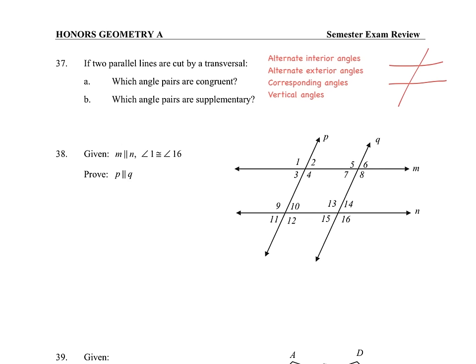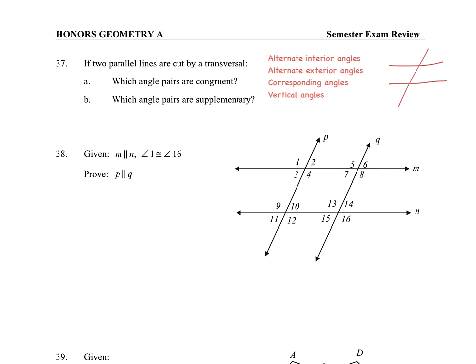You can do a 2-column proof, you can do a flowchart proof, you can do a paragraph proof. I personally am going to do a 2-column proof. So I'm going to draw my line and split it in half, and I'm going to label statements at the top because that's what goes in the left-hand column, and reasons is what goes into the right-hand column.